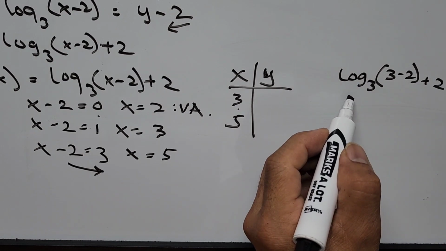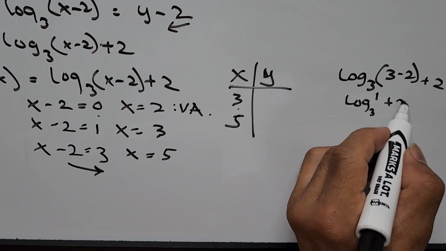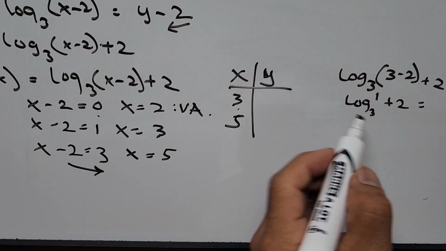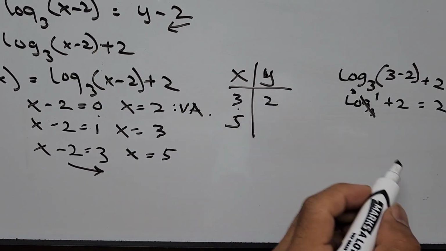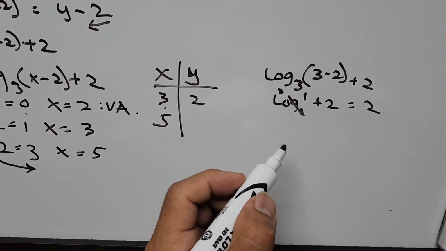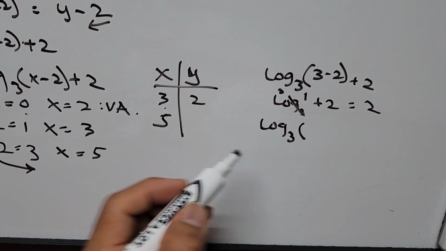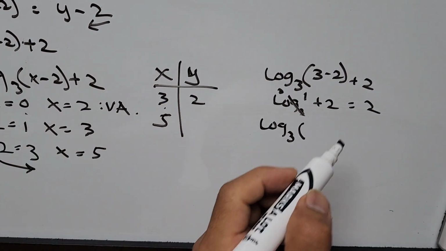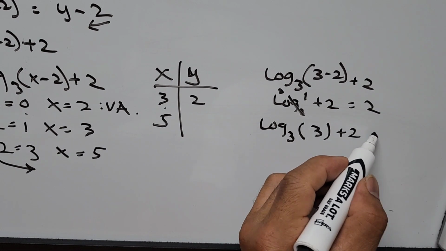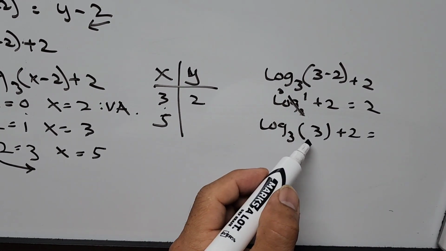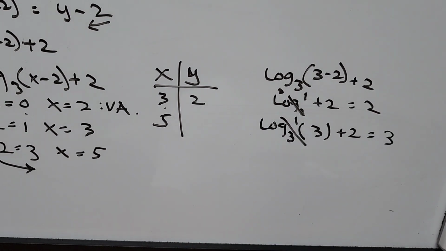So this is log base 3 of 1 plus 2. 3 minus 2 is 1, so log of 1 is 0, so it's 2. When x is 5, let's find the value of y. So log base 3 of 5 minus 2, that's 3, plus 2 equals log base 3 of 3, that's 1, so 1 plus 2 is equal to 3, so y is 3.